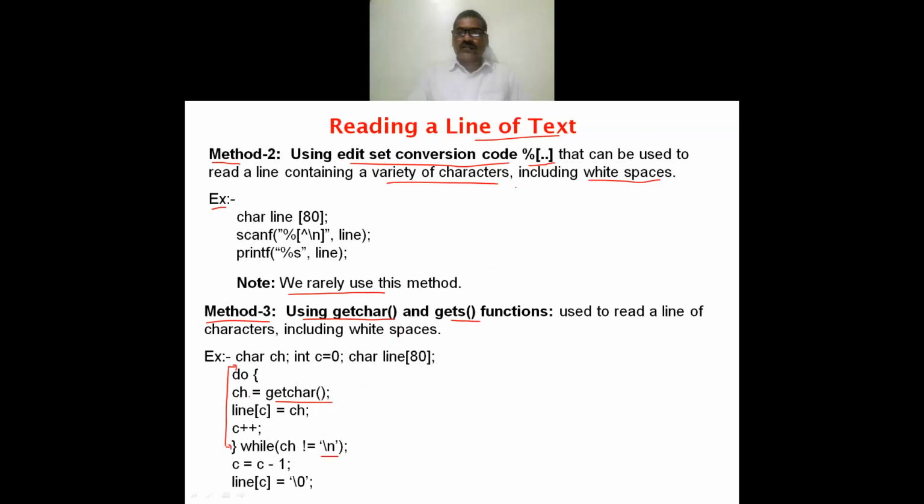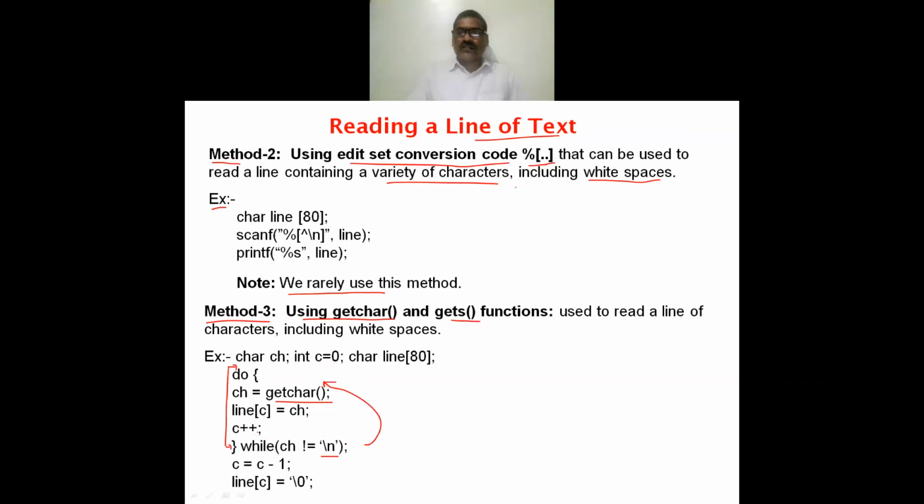So in the do loop, ch is equal to getchar, it will read a character into ch. Now line[c], where c equals 0, so at the 0th index the character ch will be stored. Then c++, so the counter c is incremented, and it will check the condition that ch is not a new line. Then it will go again, read the second character, and the second character is stored in line[1].